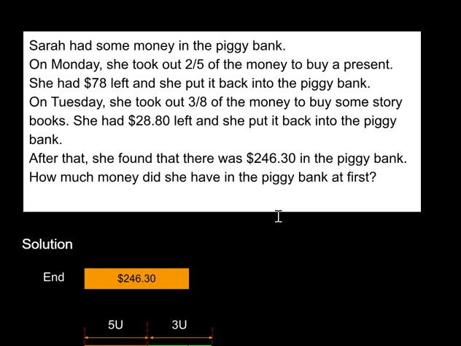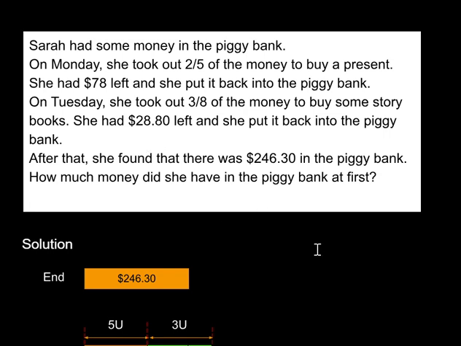Why do we work backwards and not move forward from Monday, Tuesday and so on? The reason is that the only thing you can confirm in the end is that she has $246.30 in her piggy bank. This is something you are very sure of. The rest of it is a portion of what she has.